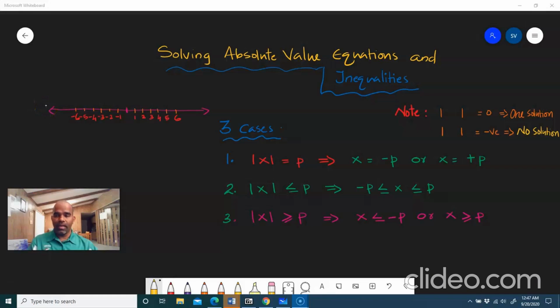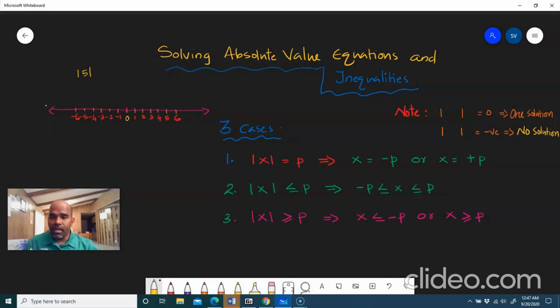In this video, I am trying to explain how to solve absolute value equations and inequalities. Absolute value basically means the distance of the given number or the equation or the expression from zero. Say, for example, if I'm saying absolute value of 5, the meaning is the distance of 5 from 0.